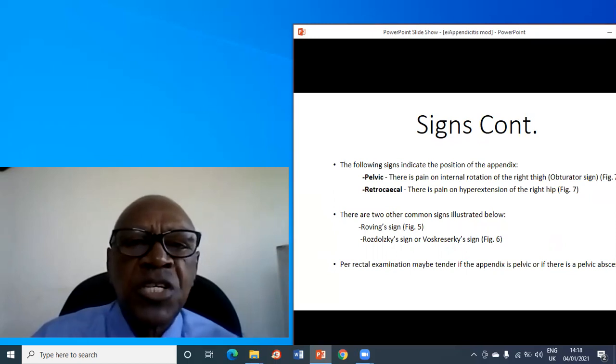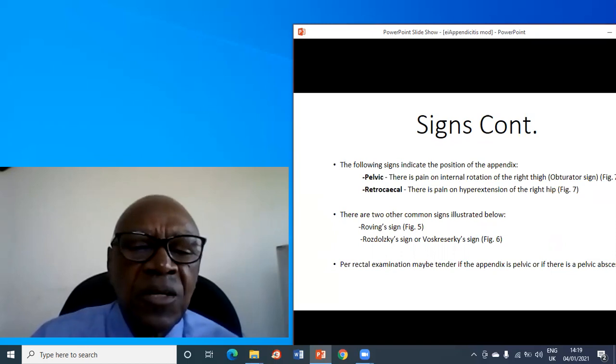Then a retrocecal appendix: there is pain on hyperextension of the right hip. There are two other common signs illustrated below: Rovsing's sign and Rodriguez's sign, or Vickrey's sign.